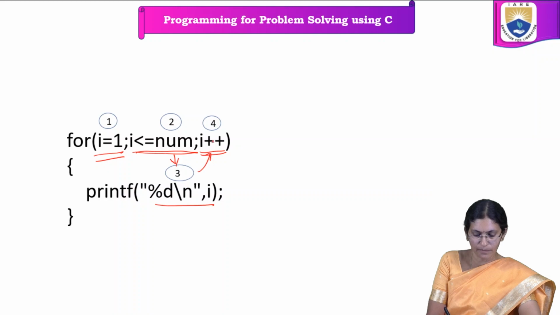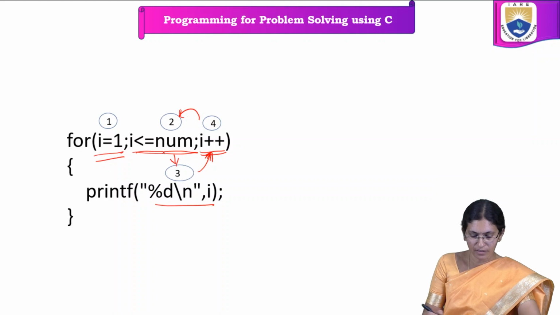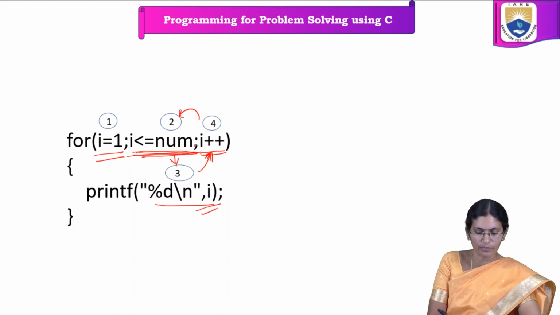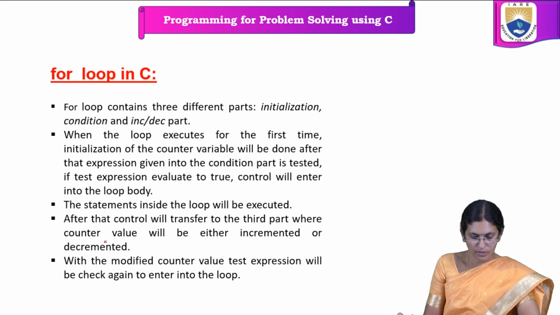So after this step is completed, this step again will be done. So in this way, this loop will be repeating till the condition is false. As soon as the condition becomes false, control is transferred out of the for loop.